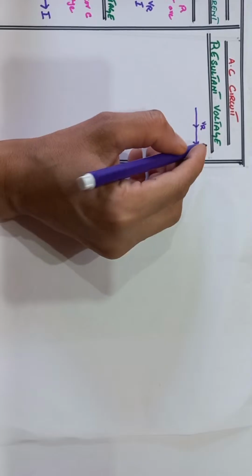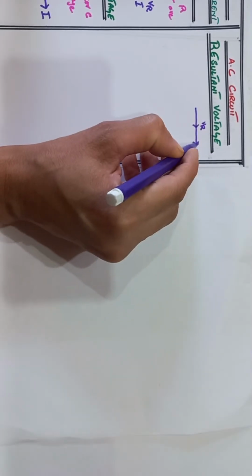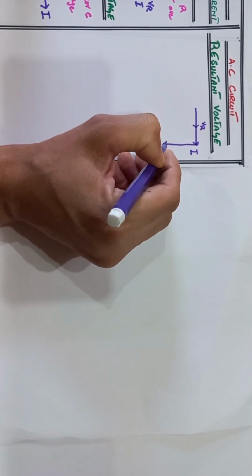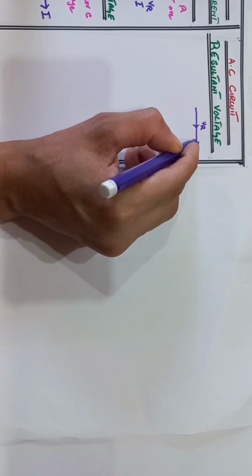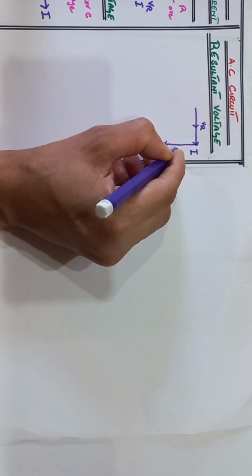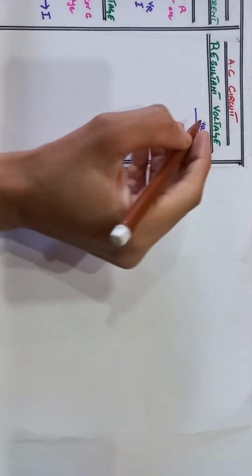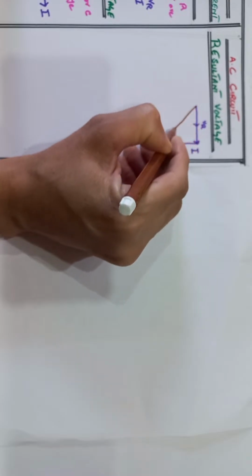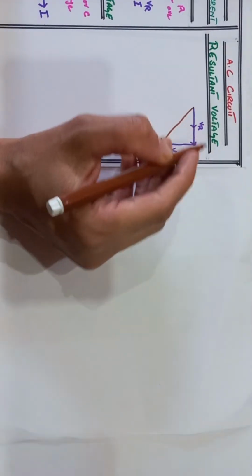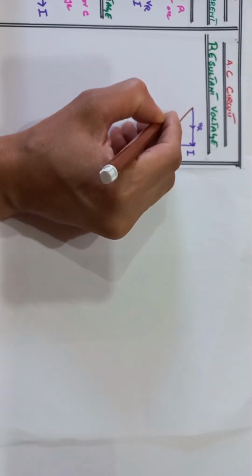So this is VR. When the current passes through the capacitor, the voltage always lags behind the current by 90 degrees. So this is the phasor diagram of the voltage across the capacitor. Now we draw the resultant voltage, which is basically the applied voltage applied to both circuit elements, the resistor and capacitor.